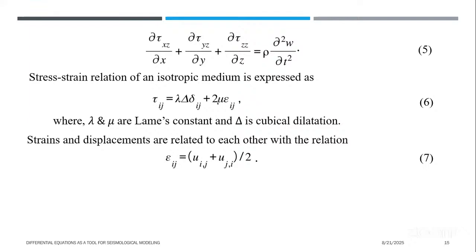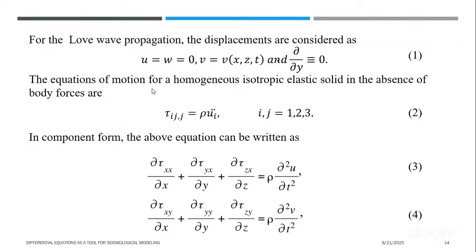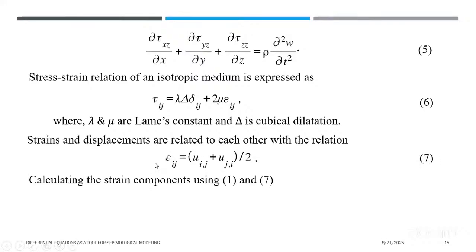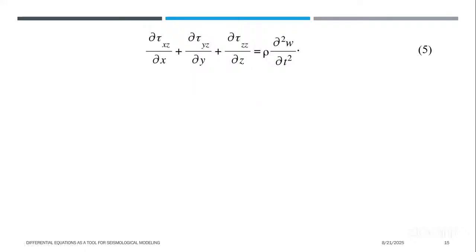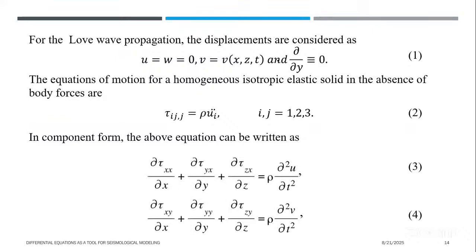So if we finally figure it out, depending on the nature of the Love wave, which is given in 1, if we are able to calculate these epsilon ij, because it's depending on the displacement, and finally put it in this equation to find the stresses, and then put it in equations number 5, 4, and 3, we will be able to get the governing equations.